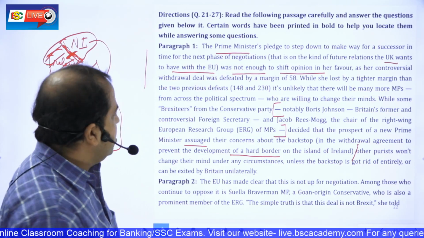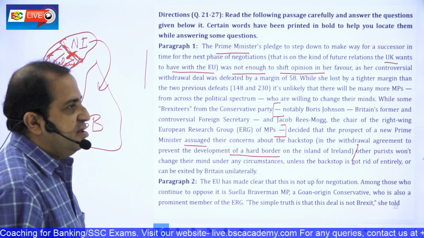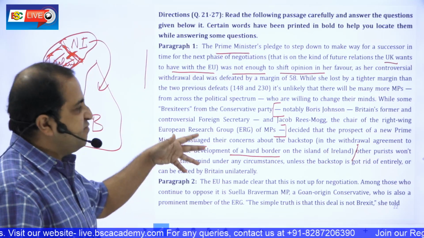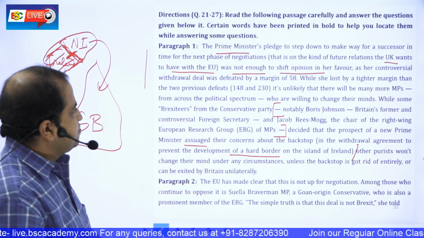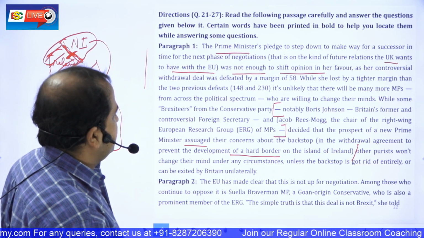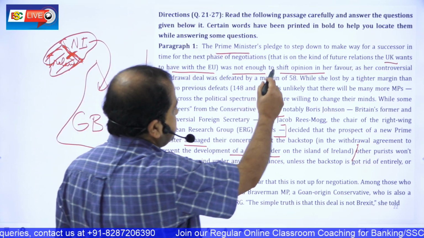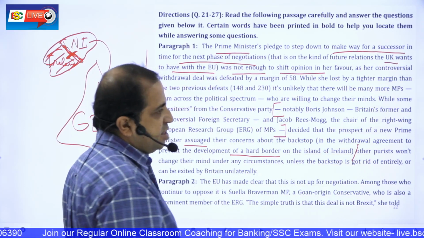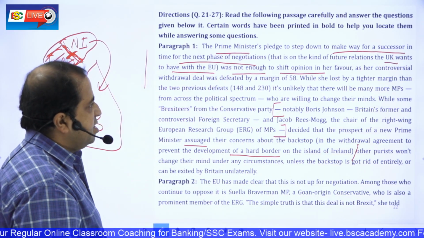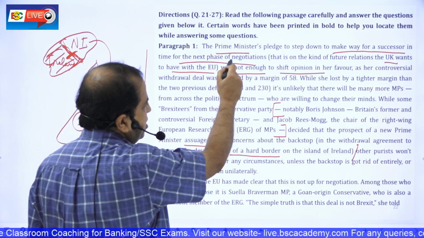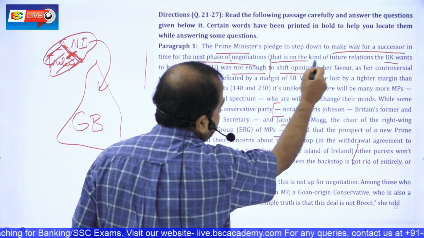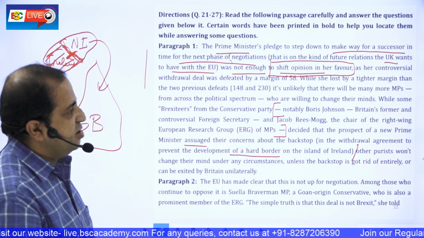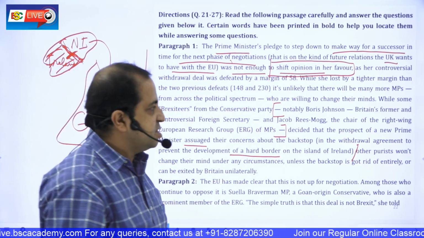What does this mean? That the Prime Minister was doing this merely to make the opinion shift in her favor. That is her objective, and the pledge to step down to make way for a successor in time for the next phase of negotiations, she is just saying that casually. Where is the main thing? Her main intention is to shift opinion in her favor, which is why she is talking about resignation.